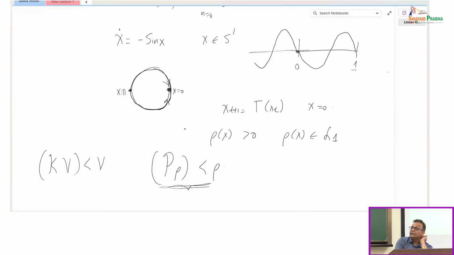Because in the V, what happens? V goes to infinity as x goes to infinity, but the rho goes to zero as x goes to infinity, for the case when you're talking about an unbounded state space. So the rho is like 1 over the V. One way you can construct the rho is this: say I know a system which is stable in the traditional Lyapunov sense.